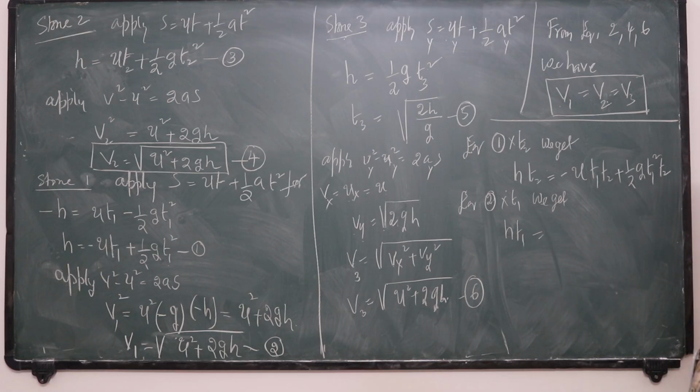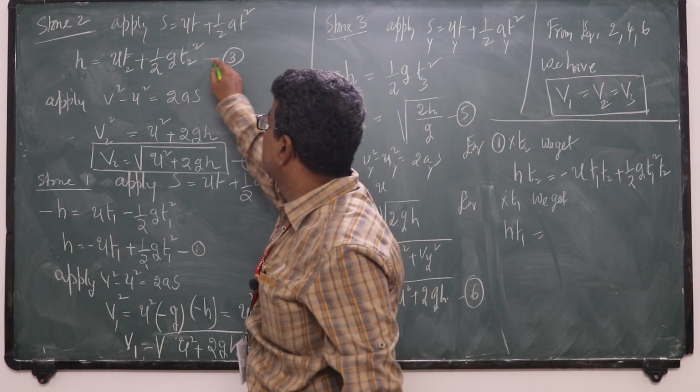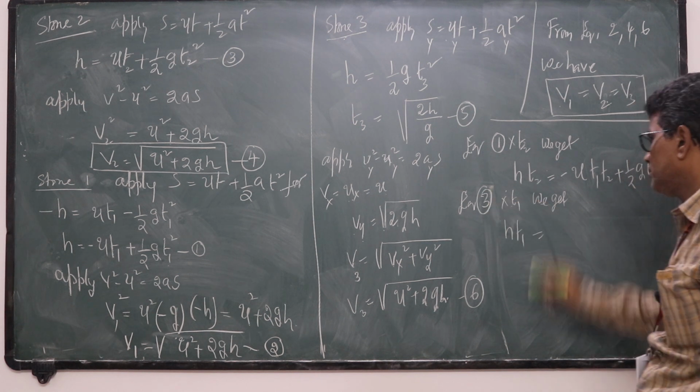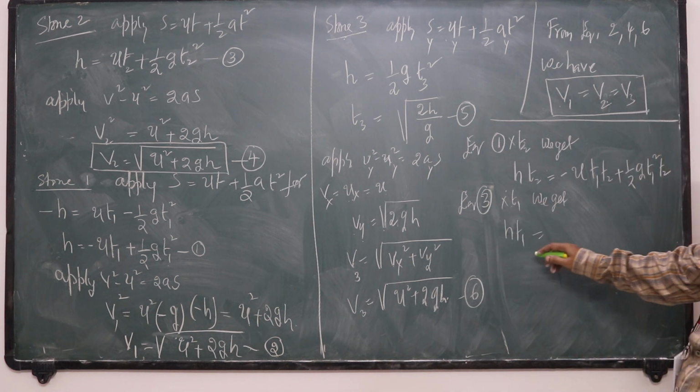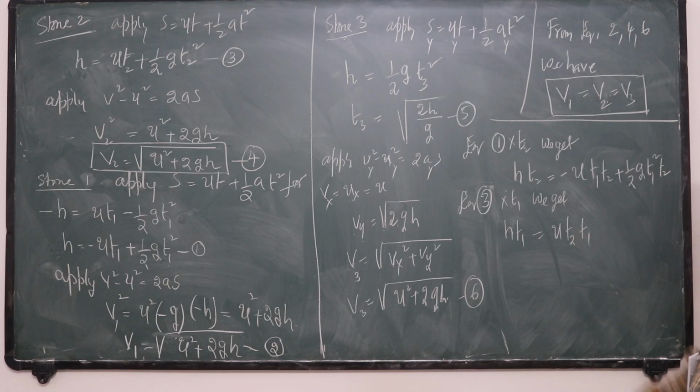H T1. Equation not 2, equation 3. You multiply equation 3 with T1. So H T1, what you will get? U T2 T1, U T1 T2 plus half G T2 square T1.